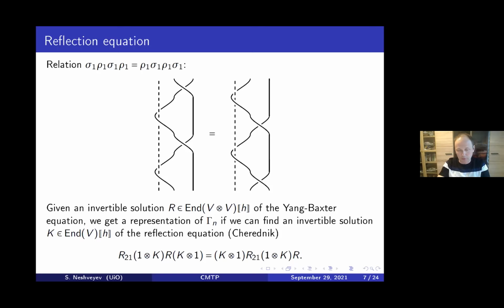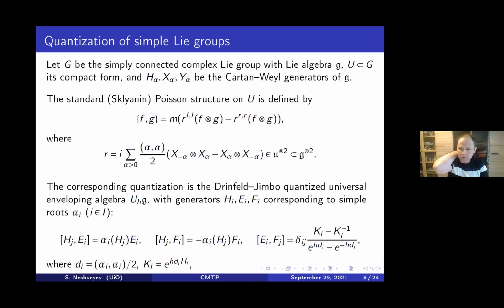Okay, so we want to formulate this quantization problem, which is related to this reflection equation. But let me first formulate more precisely what the quantized universal enveloping algebra is and what exactly it quantizes. So let us consider the simply connected complex Lie group with our fixed Lie algebra g.